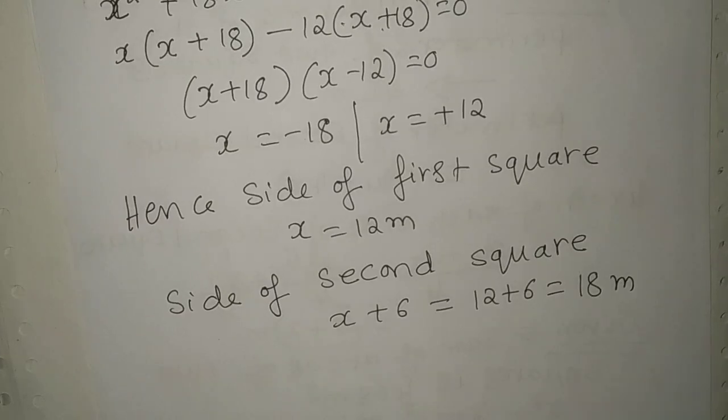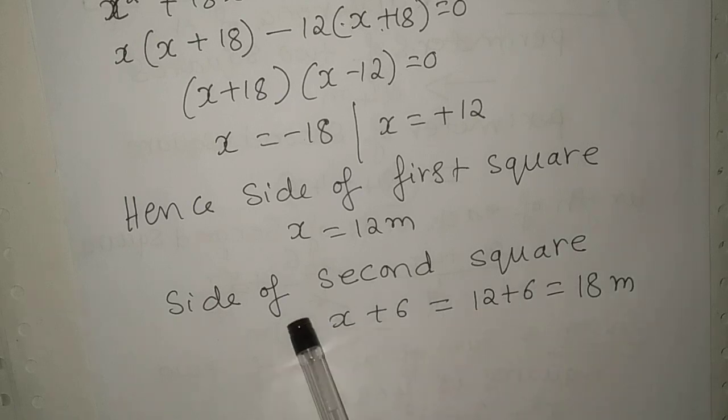So this is the solution. They have asked us to find the sides of the two squares: the side of the first square is 12 meters, and the side of the second square is 18 meters.